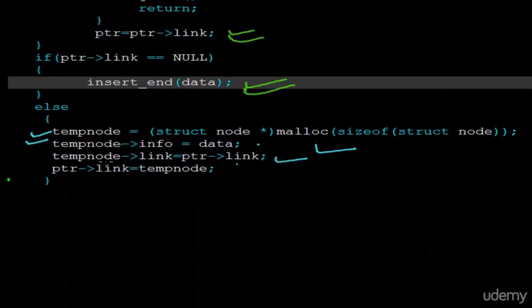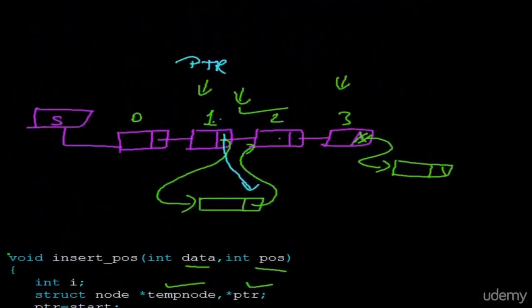So the temp node's link part will be overwritten by the address of the next node, meaning ptr's link part. At last we will copy the address of this temp node to the ptr's link part. ptr's link part needs to be overwritten by the temp node's address.